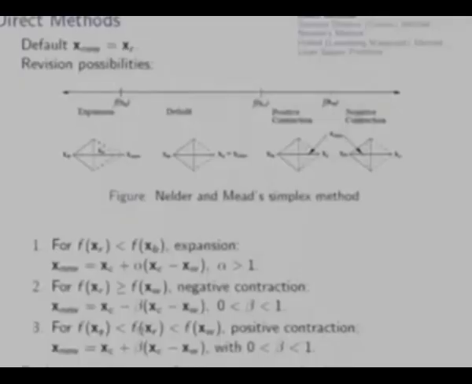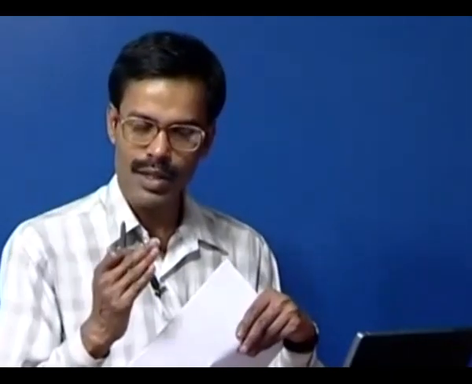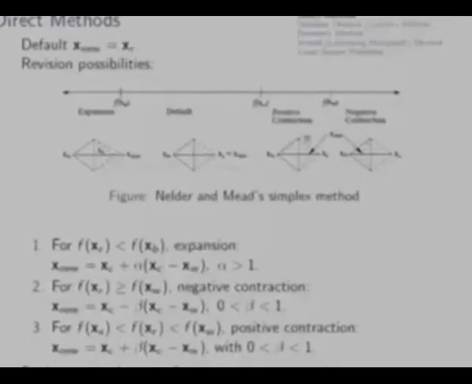In this case, where xr is better than the worst, but worse than the second worst, that is in between the two worst points currently, then we consider a positive contraction. In place of this minus sign, we have a plus sign, the rest of it is same. So, the simplex is nevertheless reduced in size, but it is brought to this side.